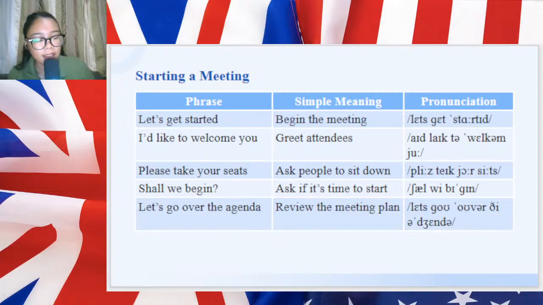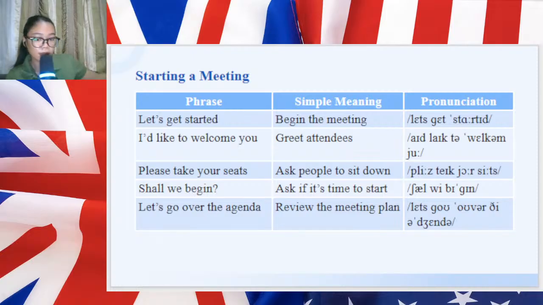While efficient, it might come across as abrupt in very formal settings or when attendees are still settling in. Consider the group dynamics and overall formality of the meeting. That's just how you assess the particular meeting atmosphere, and you try to adapt to it.